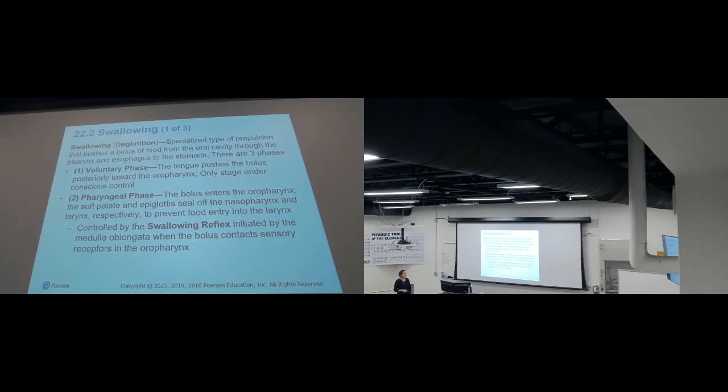In this phase, it is controlled by the swallowing reflex. So we have in the medulla oblongata a center that helps us to receive signals from the oropharynx so that we will have this movement of the pharynx up, receiving the food, and then starting the contraction of these muscles of the pharynx, the constrictors, by the glossopharyngeal nerve and the vagus nerve.